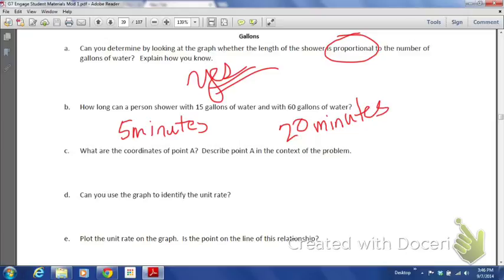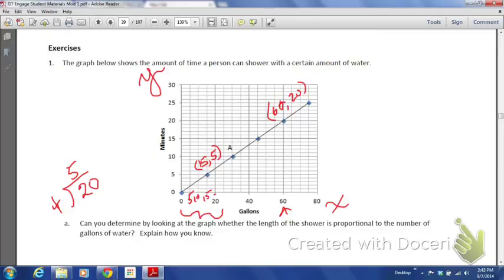Okay. So what are the coordinates of point A? Describe point A in the context of the problem. Let's look at the point they have labeled A, right here. The coordinates of A, taking into account that each segment here is 5 gallons: we're at 20, 25, 30 is right here.